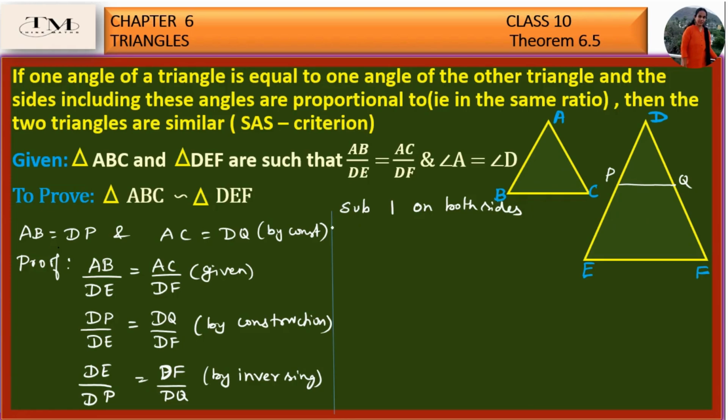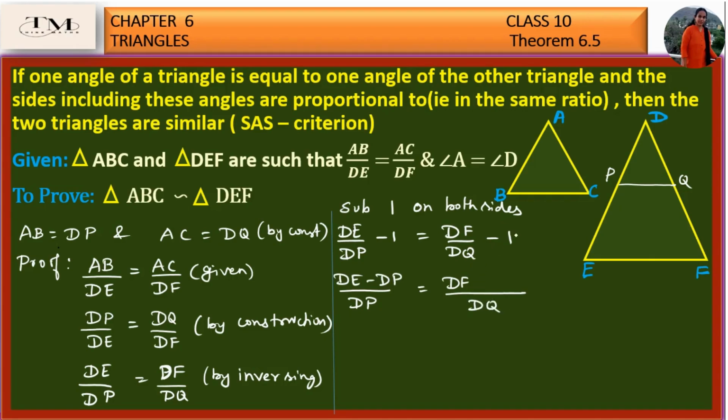If we subtract, we will get DE by DP minus 1 equal to DF by DQ minus 1. If we take DP as the LCM, we will get DE minus DP, and for the other side DQ is the LCM, so we multiply by DQ.